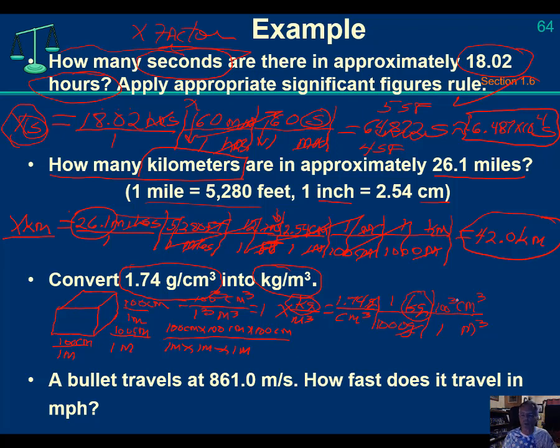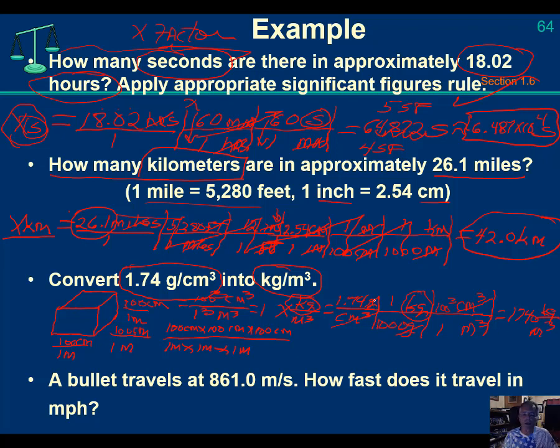So this is going to be 100 cubed centimeters cubed, divided by 1 cubic meter. You can see that the cubic centimeters is in the denominator here, it's in the numerator here, and so it will cancel. And when we do that, we come up with 1,740 kilograms per cubic meter.